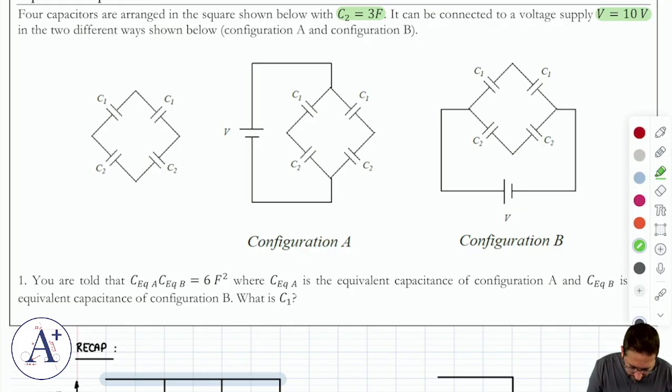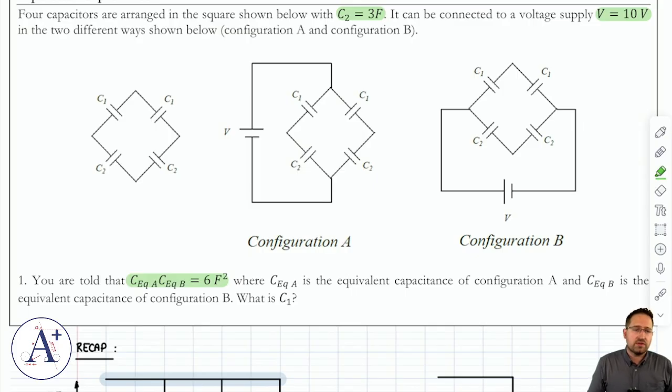And we're told that C equivalent for A times C equivalent for B is equal to 6 F squared. F squared is farad squared. It's the unit squared. Right? So the F doesn't mean anything other than the unit. And so the product of the two equivalent capacitances is 6 farad squared.